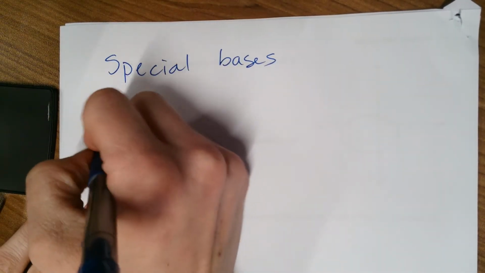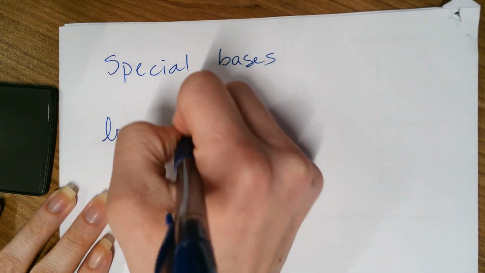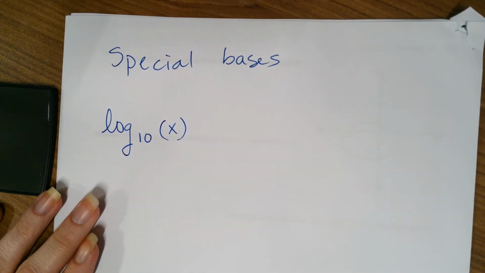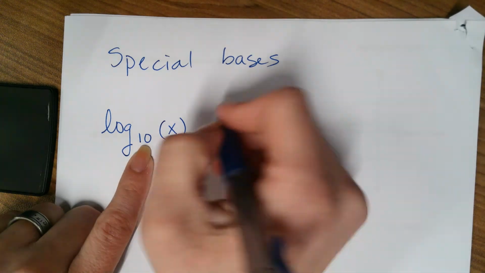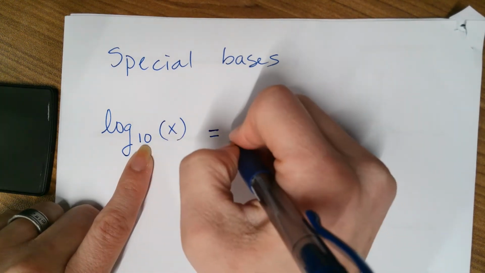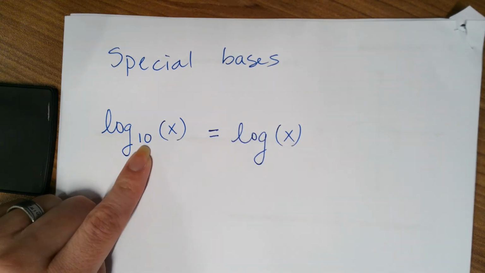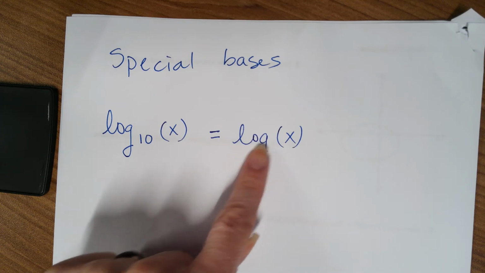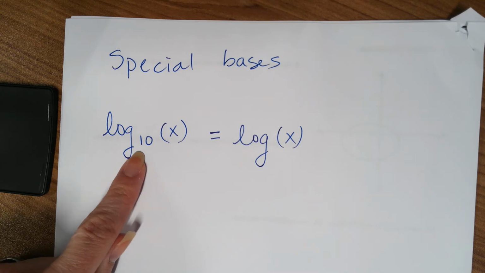So one of those is log base 10 of x. This is called the common logarithm, and you're never going to see it written this way. When it is a base of 10, we write it just log of x. So when you see log and no base, then we know that this is actually the common logarithm and it has a base of 10.